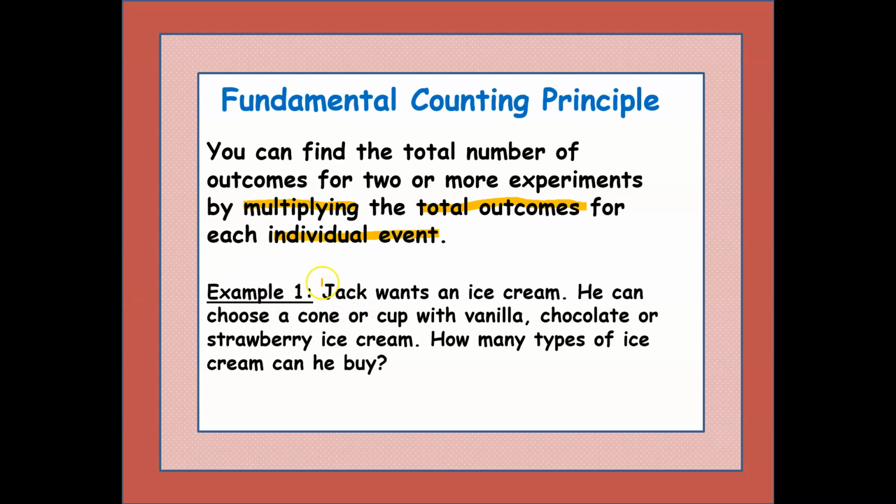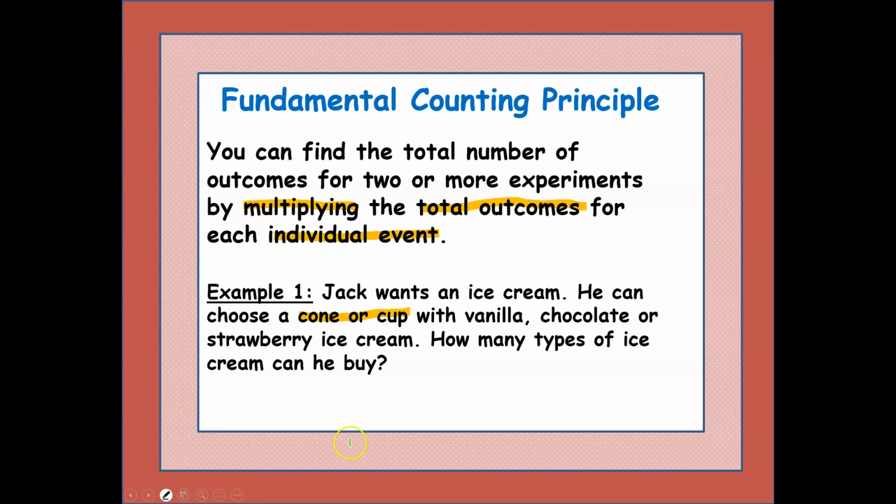So let's look at it. Jack wants an ice cream. He can choose a cone or a cup with vanilla, chocolate, or strawberry ice cream. How many types of ice cream can he buy? His first option is cone or cup, so it has 2 possible outcomes.